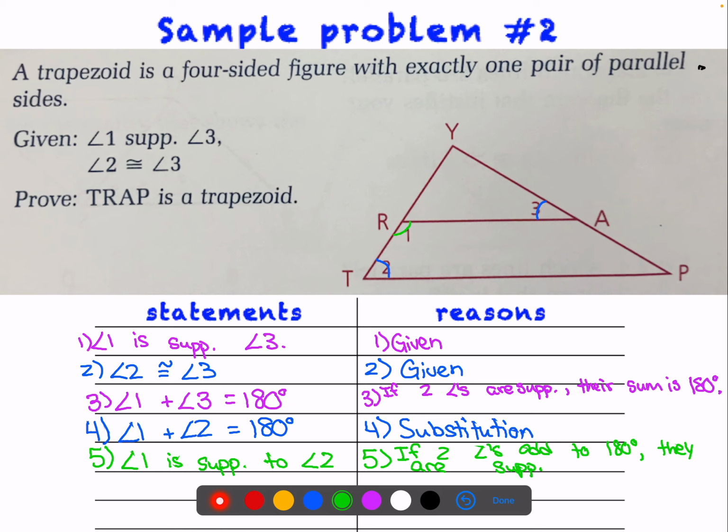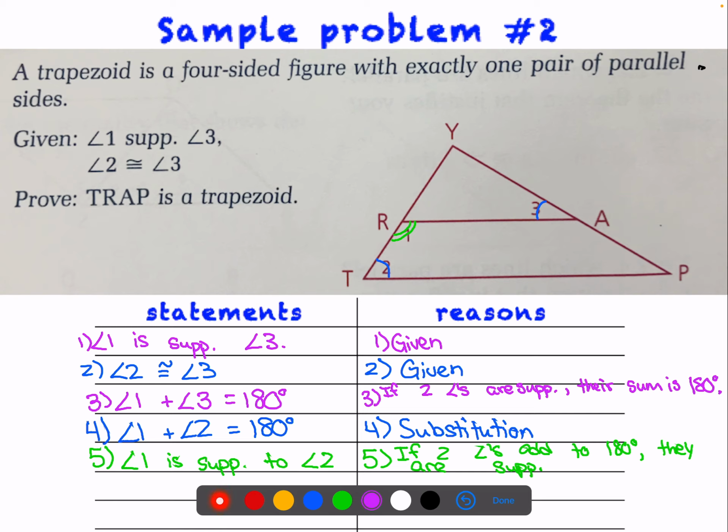So I now know that these two angles will add to be 180. What is their relationship? Well, looking at these two angles, if RT is my transversal line, RA and TP could potentially be our parallel lines. Well, these are on the same side of our transversal and they're inside our parallel lines. So they're same side interior angles. And we know same side interior angles are supplementary.